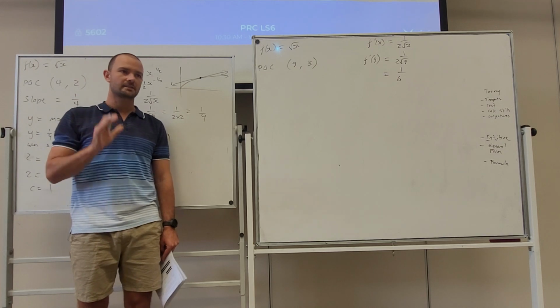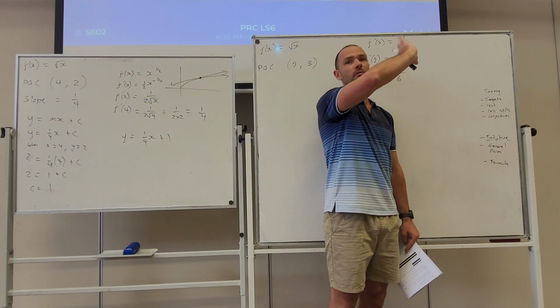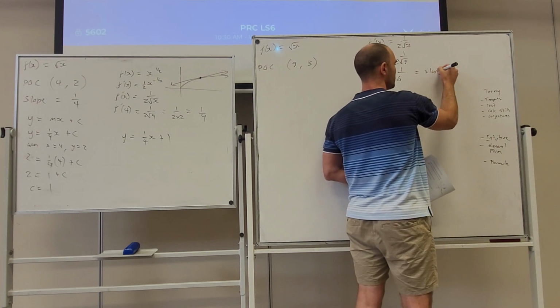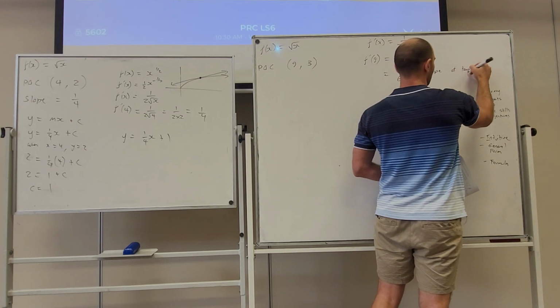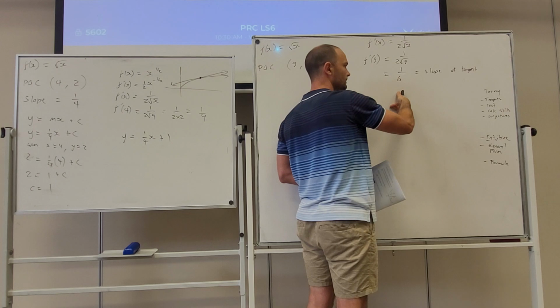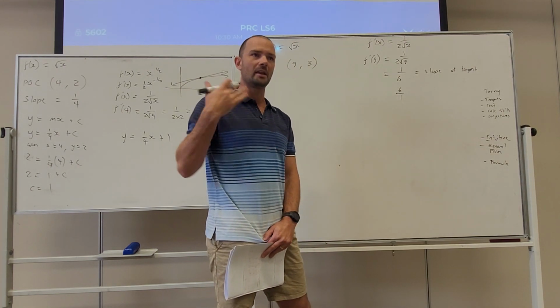Now we are asked to find the normal, which means we find the negative reciprocal. Okay, so this is the slope of the tangent. So therefore, in order to find the slope of the normal, we flip it, so it becomes 6 on top of 1, and we multiply it by negative 1.